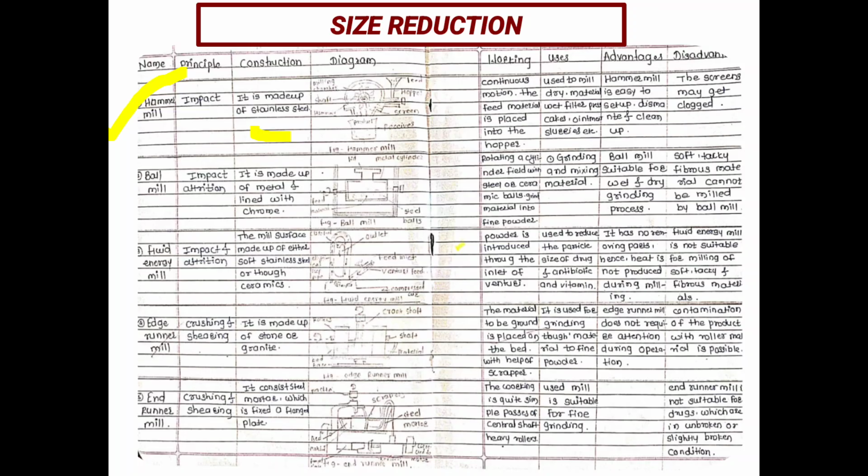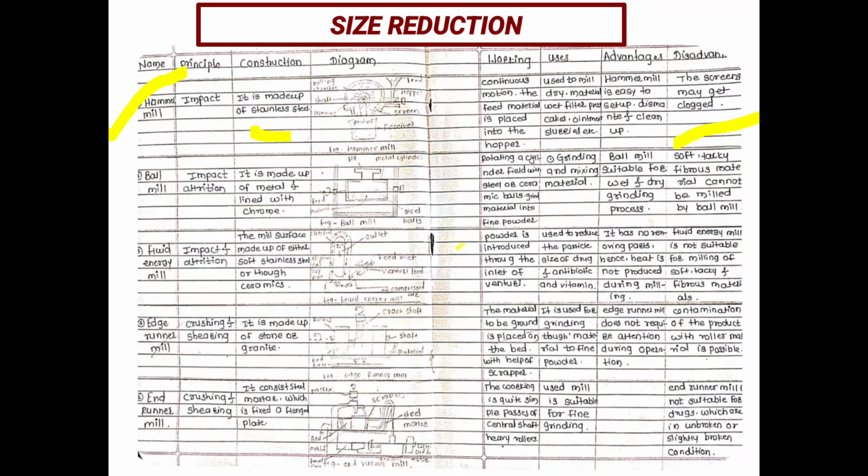Uses of the mills. First, hammer mill is used for dry material and is easy to set up. Ball mill is suitable for wet and dry grinding processes, but ball mill is not suitable for soft and sticky materials or fibrous materials. So a question will also arise on which mill is not suitable. Another question: which mill generates heat during milling?